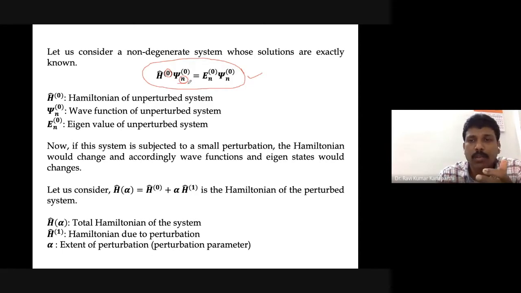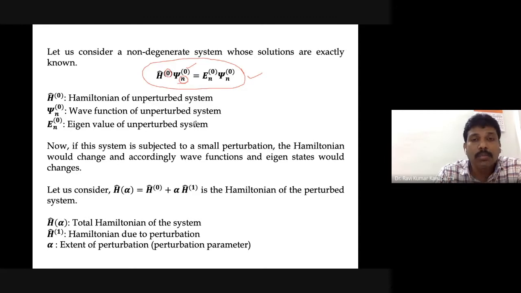So depending upon the states, for different eigenstates, we can have different eigenfunctions. Well, that is the n. And then this 0 indicates the unperturbed system. Okay, when the unperturbed Hamiltonian operates upon the unperturbed wave function, we get the eigenvalue, and then we will also get back the eigenfunction.